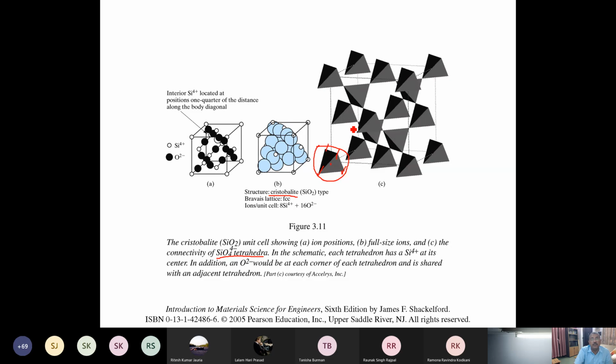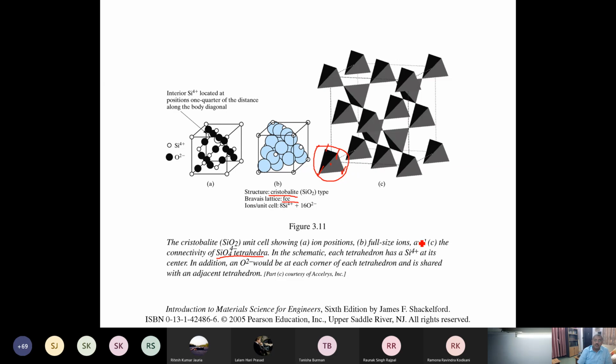That makes cristobalite. It is a crystal structure of silica, just like quartz. Face-centered cubic, and each unit cell has 8 silicon 4 plus ions and 16 oxygen 2 minus ions. This is how you explain the structure of cristobalite.